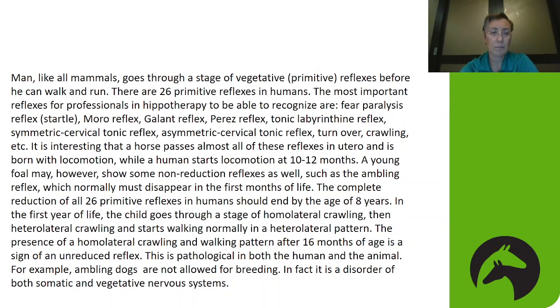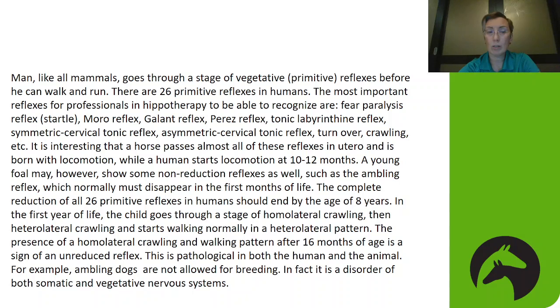There are 26. It is interesting that a horse passes almost all of these reflexes, but in the body of its mother. And it's born with locomotion, while a human starts locomotion at 10-12 months.